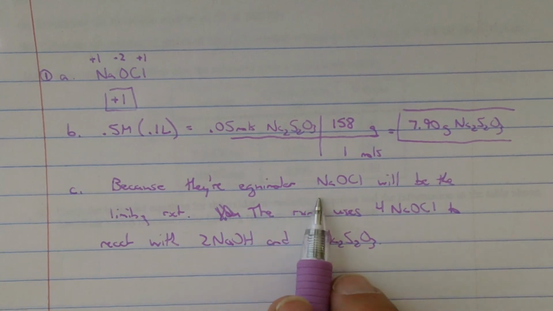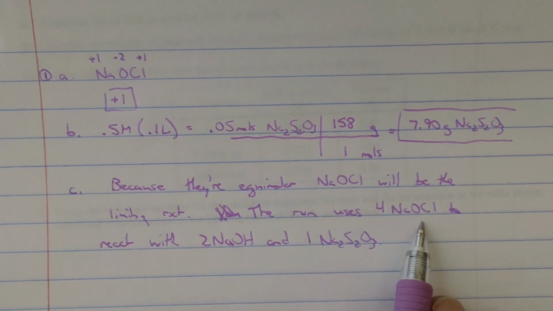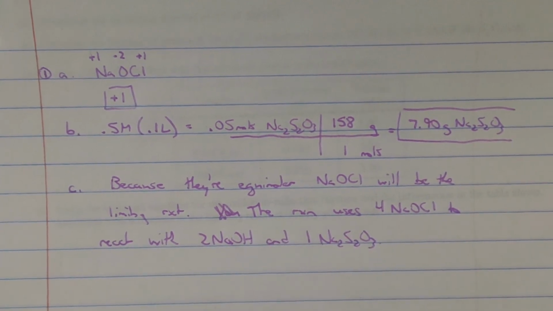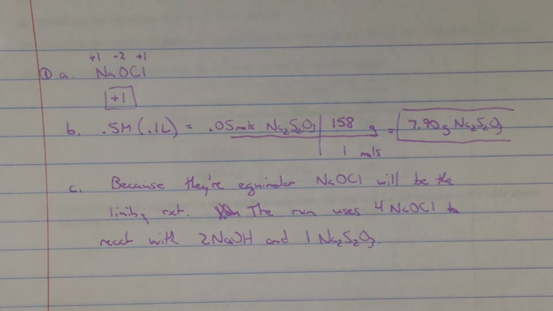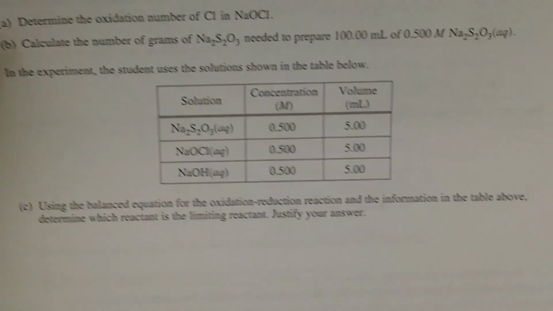They're equimolar. NaOCl will be the limiting reactant. And that's good. Answer their question. The reaction uses 4 NaOCl's to react with 2 sodium hydroxides and 1 of those sodium thiosulfates. That's it. Good. On part C.